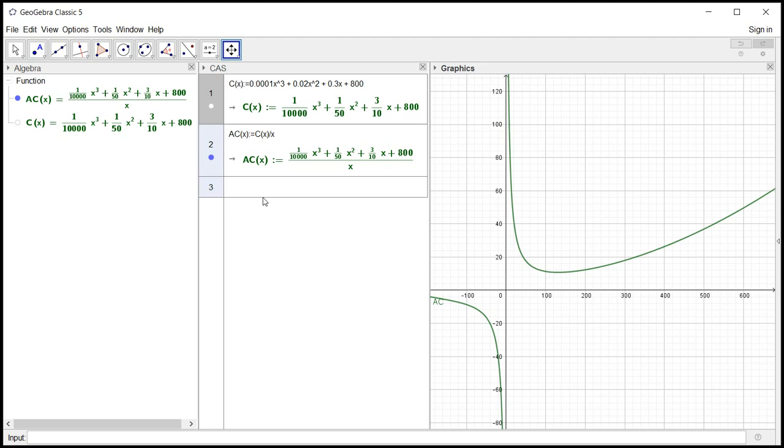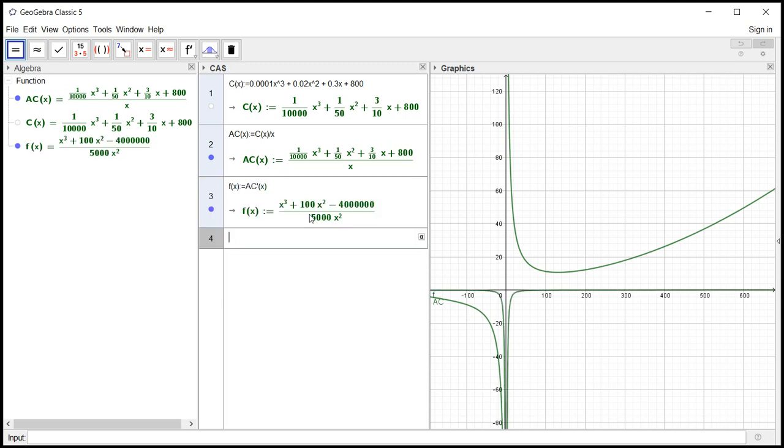Since we want to minimize, we have to take the derivative of this. I'm going to call f of x the derivative of this function, AC prime of x, because we want to find a critical number. So we're going to try to find the zero of this function.